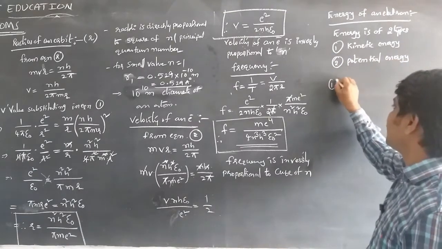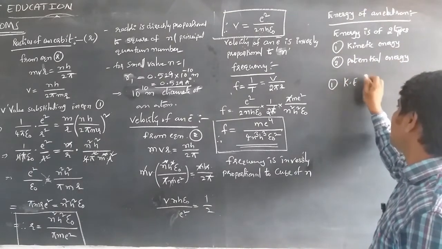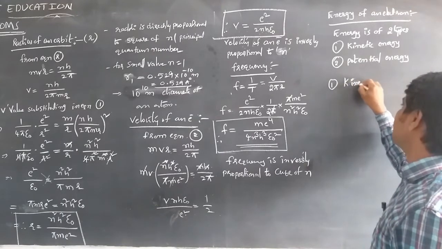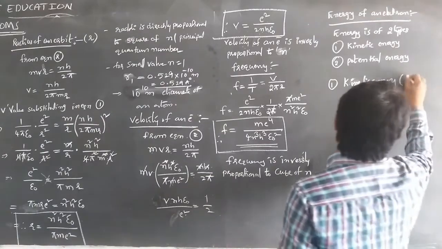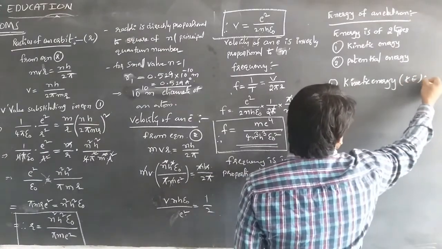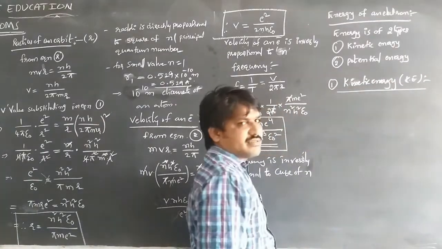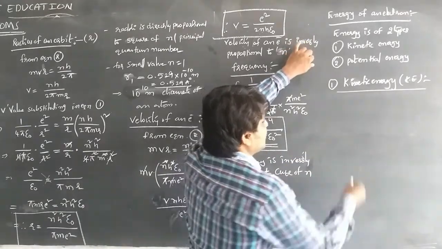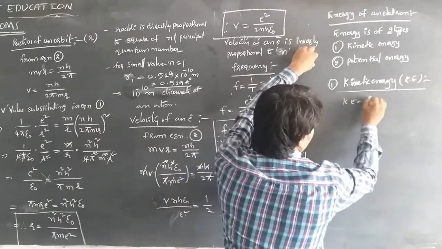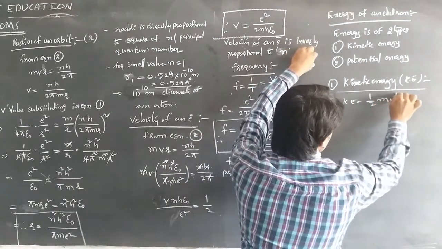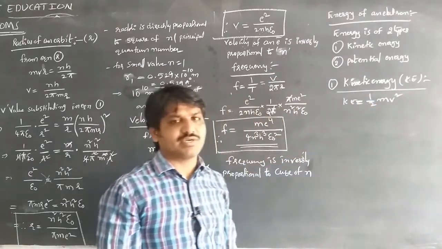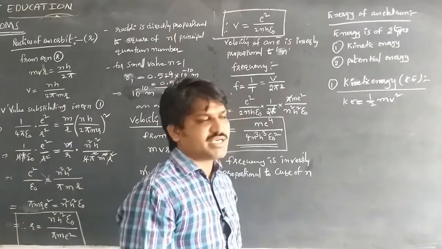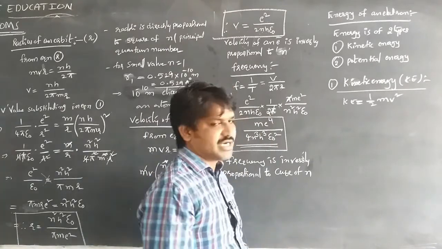So the first one is kinetic energy, that is KE. The kinetic energy is equal to half m v square, meaning the energy possessed by an electron while revolving around the nucleus. That energy is considered the kinetic energy of an electron.